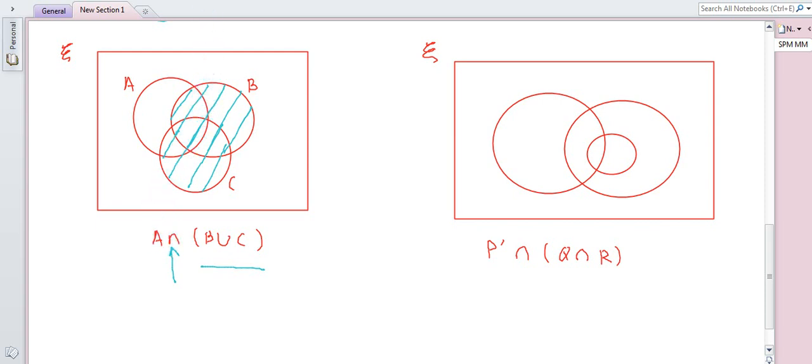So we know that what we need is actually here, right? Inside A. Outside A we don't want. What we want is only this part. So the rest we have to erase it.